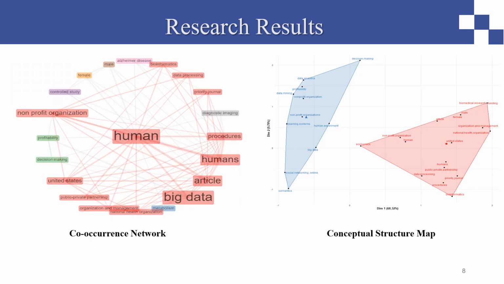The co-occurrence network shows that the big data keyword has an association with human and nonprofit organizations. On the other hand, in the conceptual structure map, there are 2 structures mainly representing keywords of data analysis, such as big data, decision making or decision support systems, and they clustered with their relatives in 2 different clusters, blue and red.